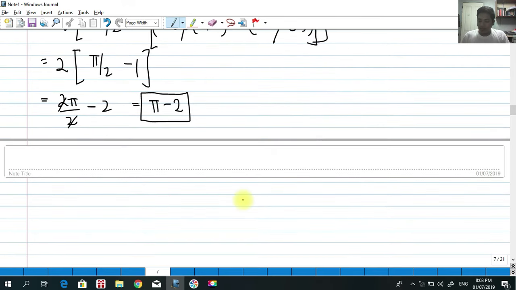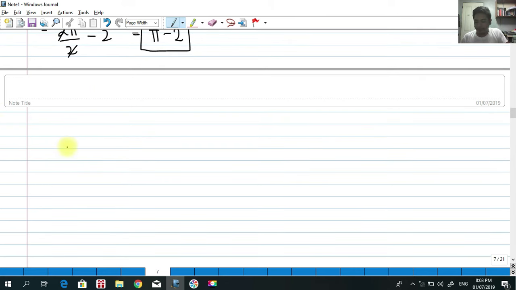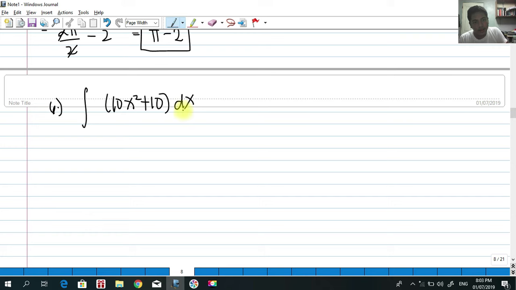Okay, let's proceed now to our next example. If I'm not mistaken, for number 6, we have the integral of 10x squared plus 10 dx evaluated from 0 to 2. This is another easy example. We have 10x cubed over 3 plus 10x evaluated from 0 to 2.